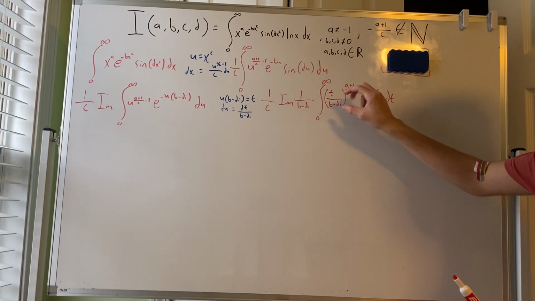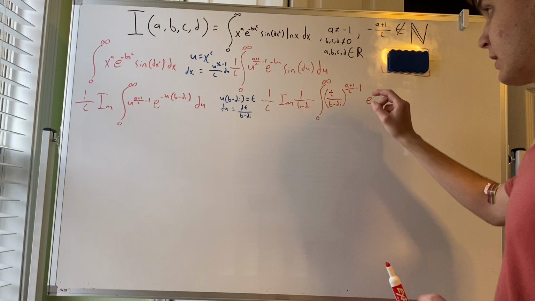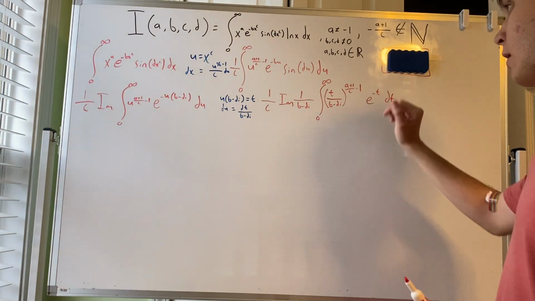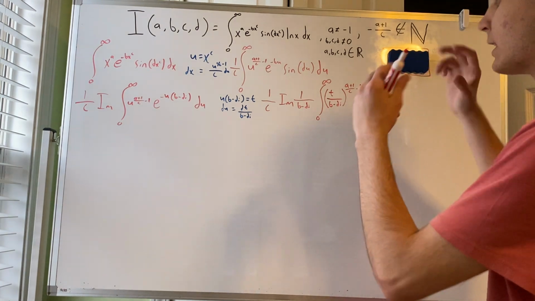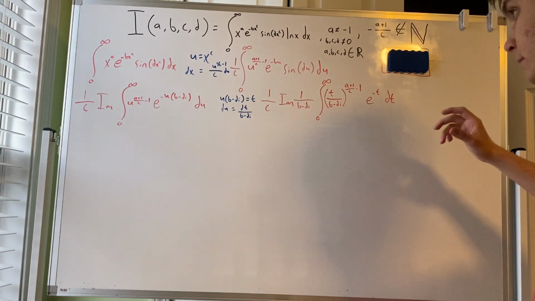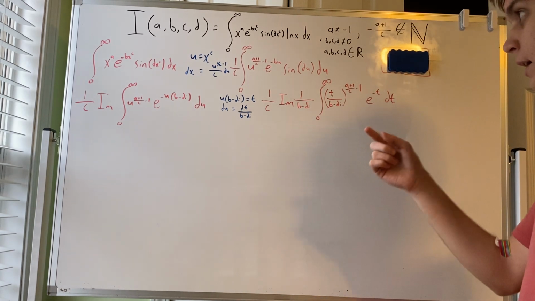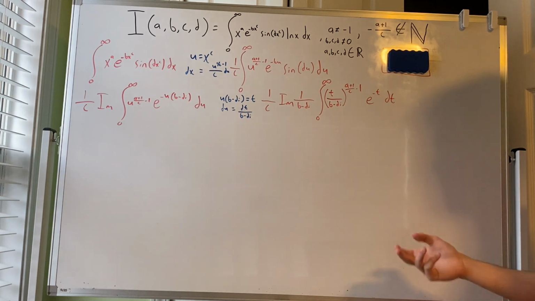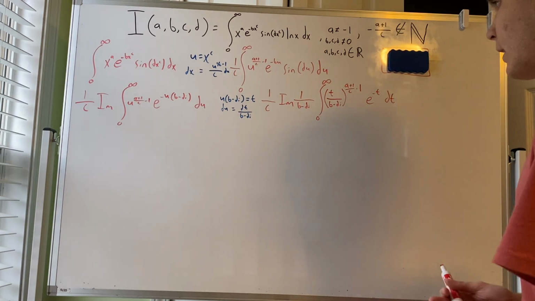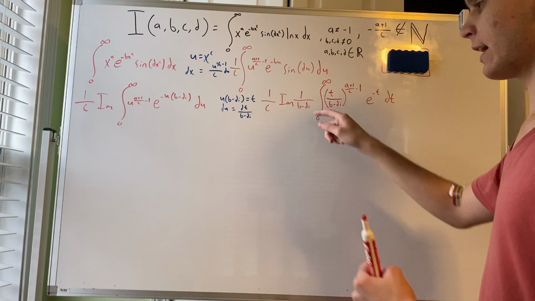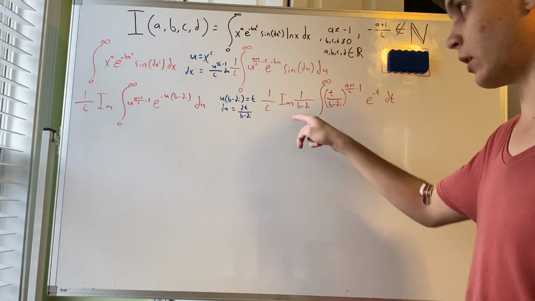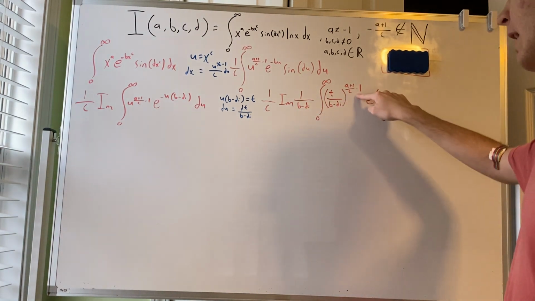So we can change this term into t to the a plus 1 over c minus 1 over b minus di to the a plus 1 over c minus 1. And then we can pull the term we're dividing by out in front. Since we already have technically a b minus di to the plus 1 out here, this is going to cancel out this extra negative 1.